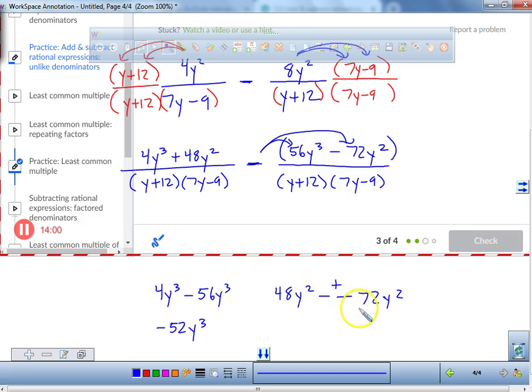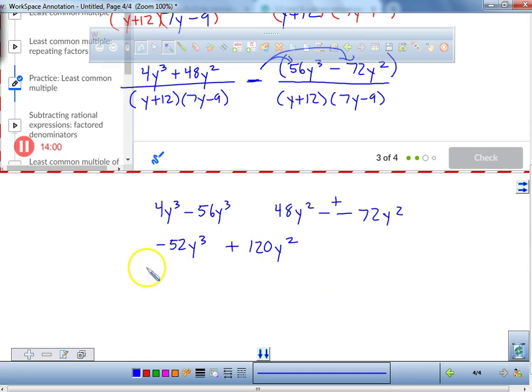Now I have to add those together. What's that going to become? 120y squared. Okay? So that's all over y plus 12 and 7y minus 9.